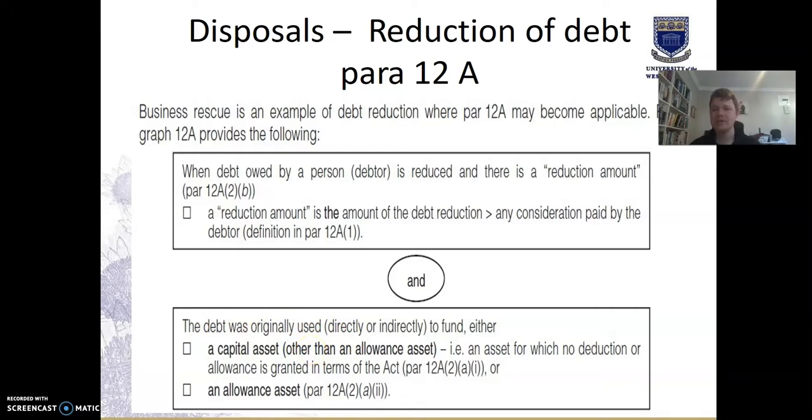Now, in the previous wording of the legislation, they made differentials between a capital asset and an allowance asset. A capital asset, one that does not receive allowances, and an allowance asset, obviously one that does. When you look at your most recent version of the Act, you will see that that wording is no longer there. So they don't bother to differentiate between the two types of assets.